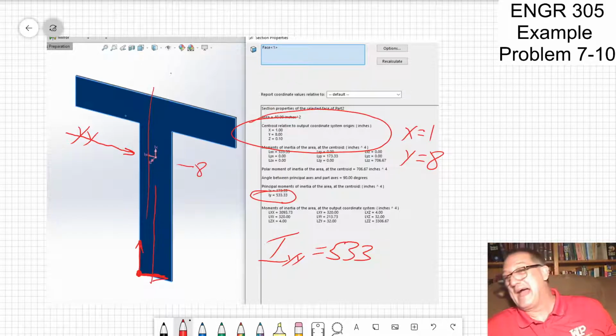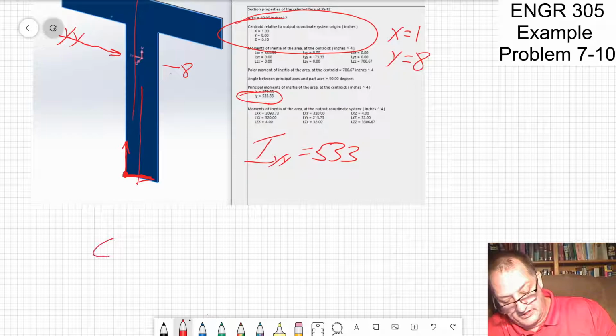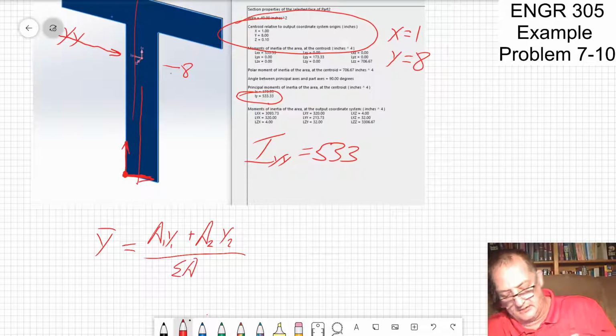Well, we could do the math on that and figure it all out. Okay, if we wanted to do that, the centroid, or sorry, y bar would be equal to area 1 times y1 plus area 2 times y2 divided by the sum of the areas, right?